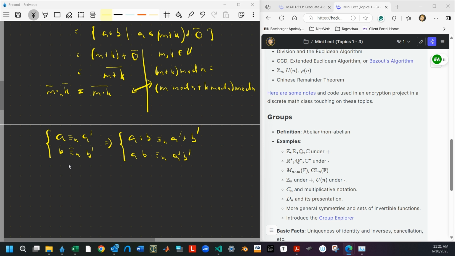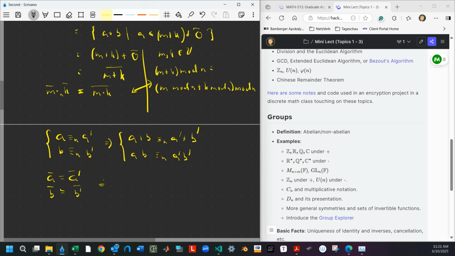I guess here, the equivalent statement with the bar things would be this. It'd be A bar equals, now this is a class, so this is a relation, but between integers, right? But here we have the class. We could replace this with A bar equals A prime bar. Now these are classes. These are each infinite classes of integers, and B bar equals B prime bar, right?